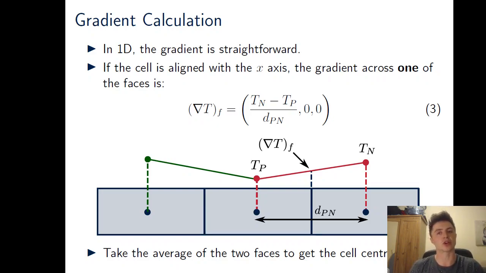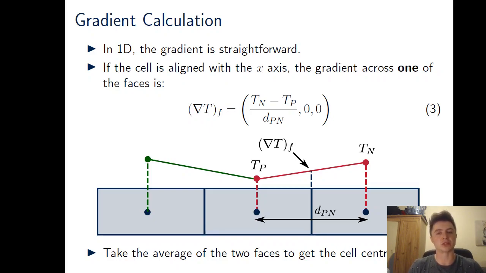So remember, of course, that we're going to have a gradient in all three directions, the x direction, the y direction, and the z direction, but because we're in 1D here, the gradient of temperature on that face is 0 in the y and z directions, but takes a value of Tn minus Tp over the distance there in 1D.